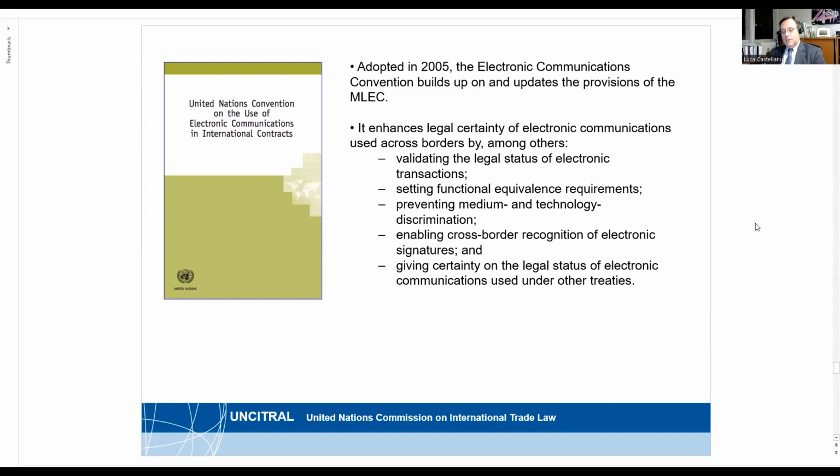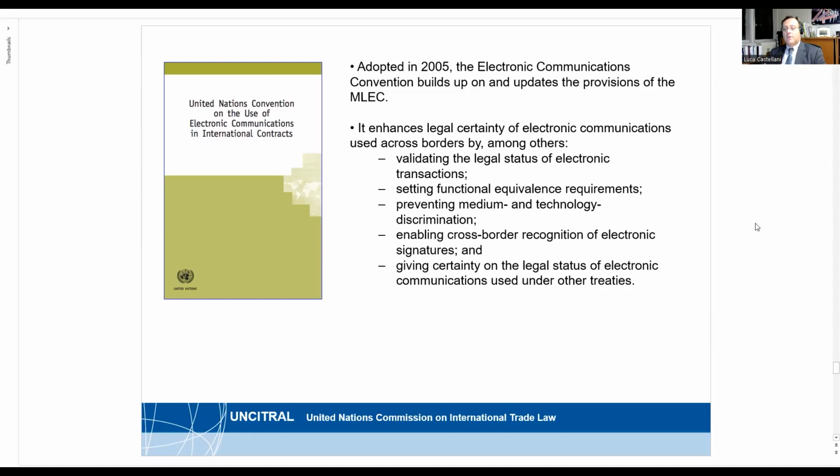Very important, it contains rules on functional equivalence, it contains rules on contracts in electronic form, but especially because it is a treaty, it can complement other treaties, very popular treaties, such as the Convention on the Recognition and Enforcement of Foreign Arbitral Awards of 1958, the New York Convention, which has 170 states parties, or the United Nations Convention on Contracts for the International Sale of Goods, CISG of 1980, which has 95 states parties. These are incredibly useful, incredibly popular treaties.